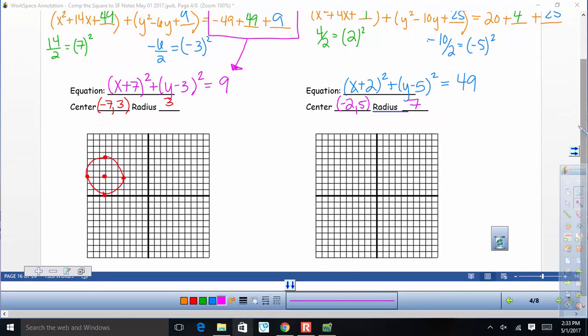Negative 2, positive 5, and my radius is 7. Okay, so then we graph negative 2, 5. We go left 2, up 5. And then from there we go out 7 in every direction.